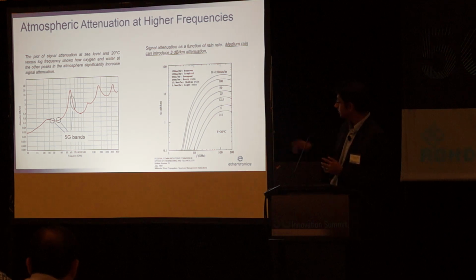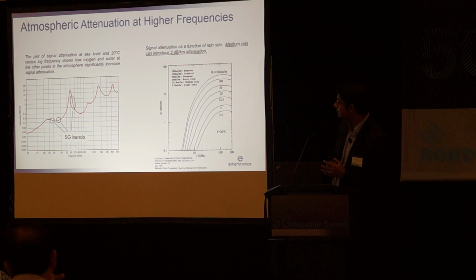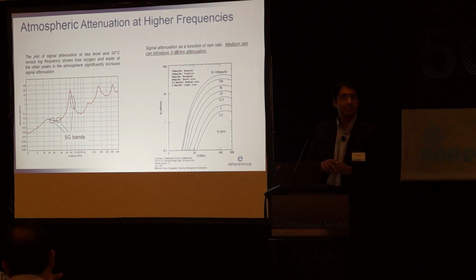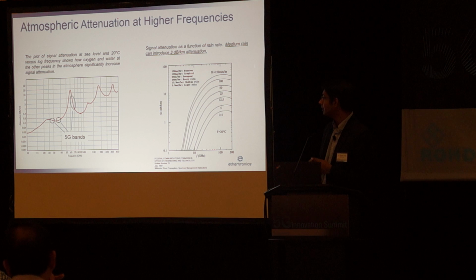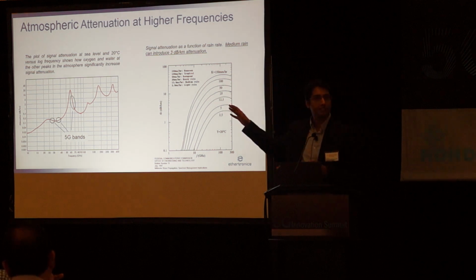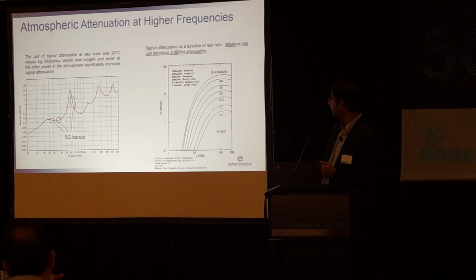What are highlighted on the graph are the 28 gigahertz, 39 gigahertz, and 64 to 71 gigahertz bands. You can see attenuation in this case can be 0.2 to 0.3 dB per meter as we move forward. It can be significantly higher at higher frequencies, which is 60 gigahertz or more than that.